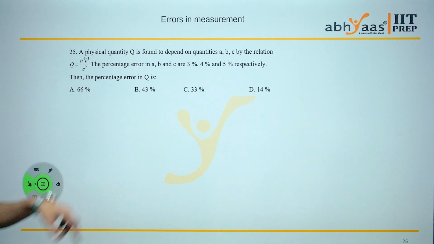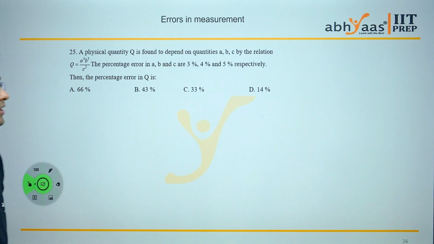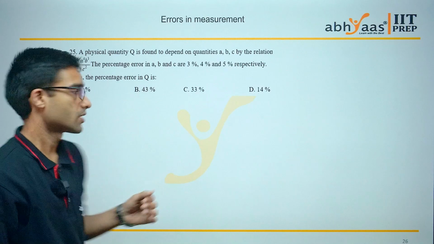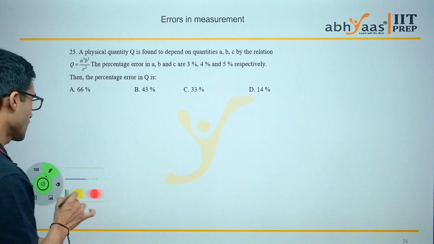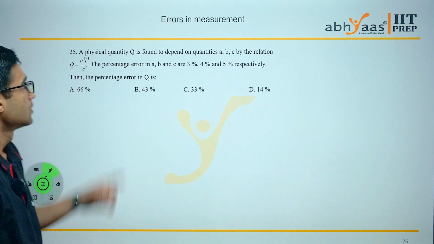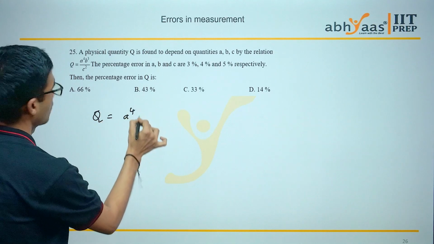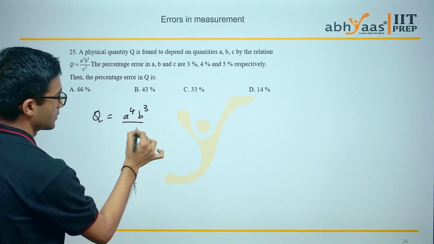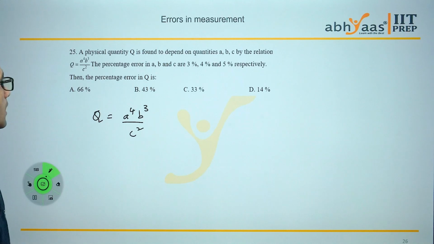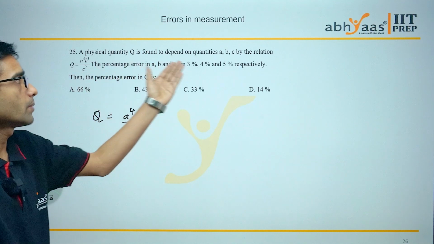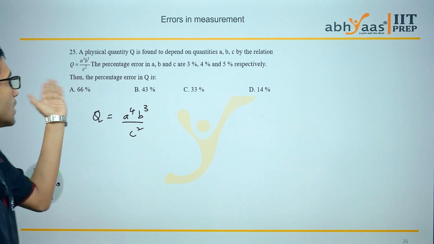Now we are going to another one. It is also simple, errors in measurement. That's why I told you the errors in measurement topic is very important. Recently they are asking many questions related to errors in measurement. Another expression is given, that is Q is equal to A power 4 B cube by C square. The physical quantity Q is found to depend on quantities A, B, C by this relation.